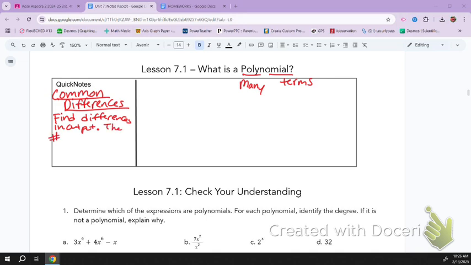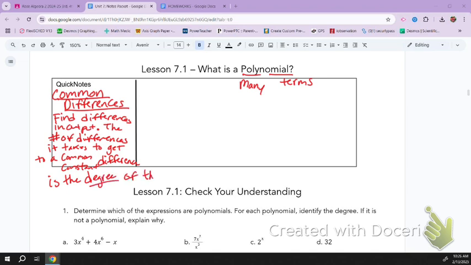Again, the number of differences it takes to get to a common or a constant difference is the degree of the polynomial. So that's what we really looked at in our lesson.